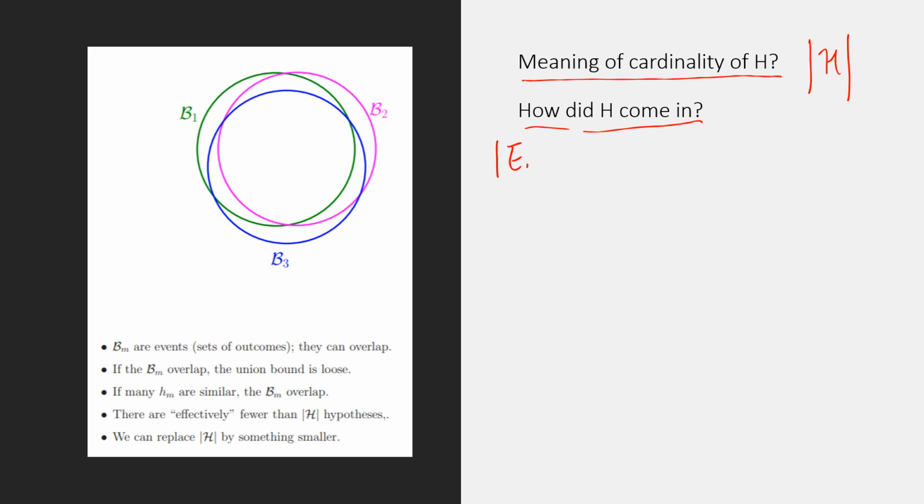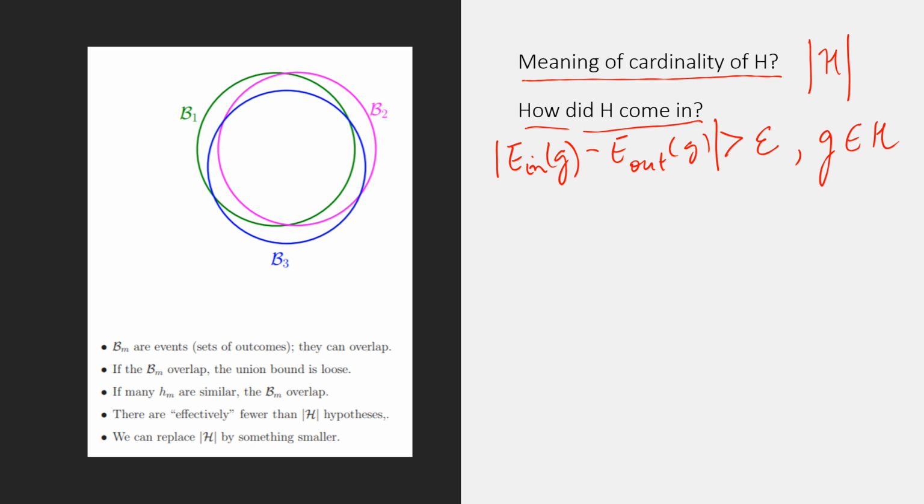Remember, G is the hypothesis that we finally select, right? And E out of G will be greater than my tolerance. And what we said is that of all those bad events, this must be there because my G will eventually be a part of my H, right?